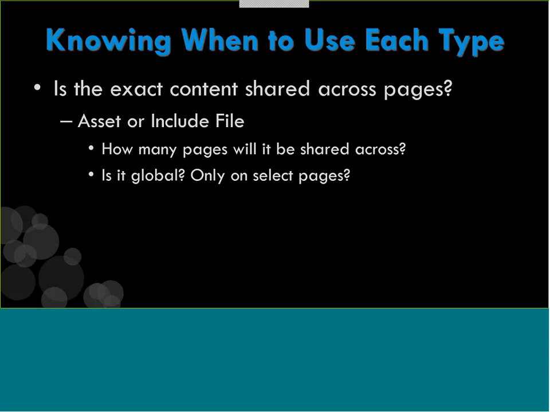When you do an asset, that typically would be more for something that is either on just select pages or in parts of a page, or if it's going to be used in something more global, it would be something that needs to be edited more by the end user, and not just in source code.